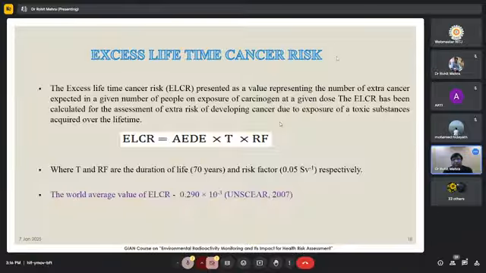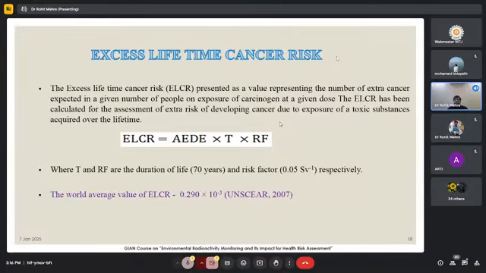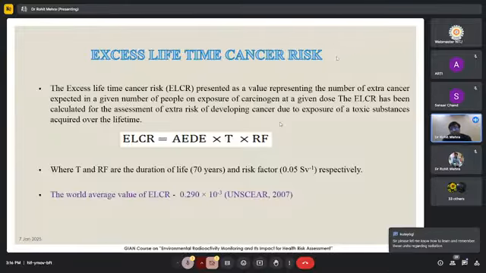So that is, of course, a basic idea. It's not a standard value which you will be getting. The reason is that excess lifetime cancer risk is also affected by other exposures. So if you are under some medication, then your exposure will be different. It is only due to the soil which we are calculating.